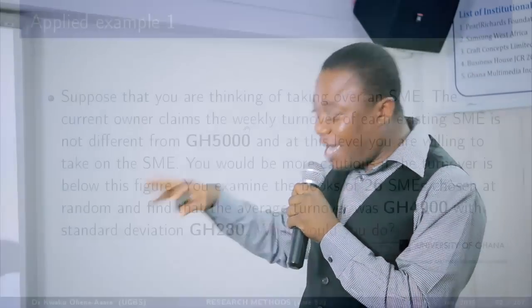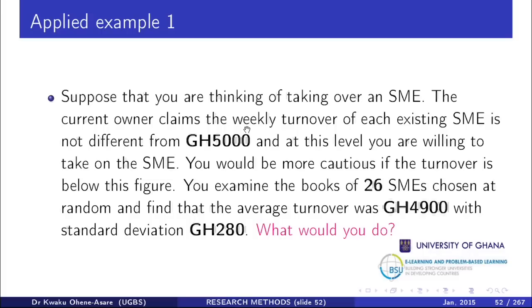Because you will be more cautious if the turnover is below this figure. And the turnover you got on average is below. You see, the issue is not about, oh, some are more and some are less. You are not bringing that into the picture. The clear picture of what you are saying is that the average turnover is 4,900, and you can't go for that because on average, it is below this one. So on the surface, you should not buy it.